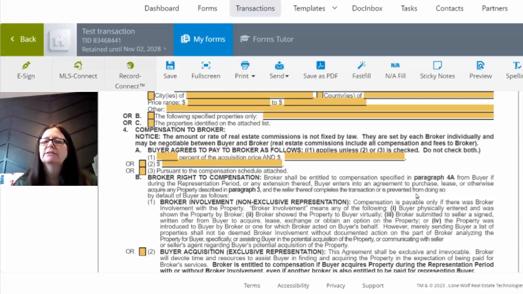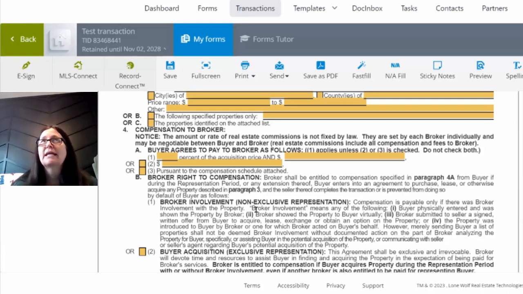The broker shall be entitled to compensation specified in paragraph 4A, so whatever percentage or dollar amount that was, if during the representation period, so however many days that this is good for, or any extension thereof, if the buyer enters into agreement to either purchase, lease, or otherwise acquire property that we've described up here in section 3, and they complete the transaction or are prevented from doing so by default of the buyer.